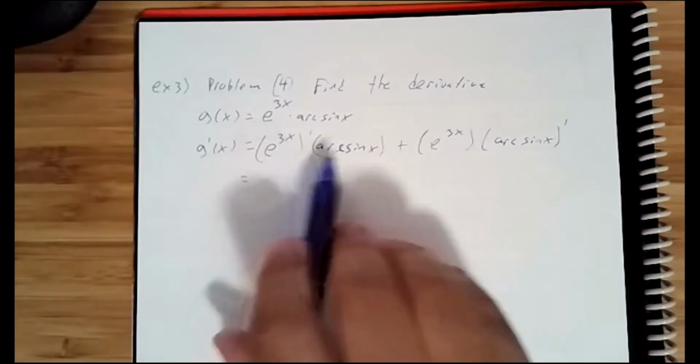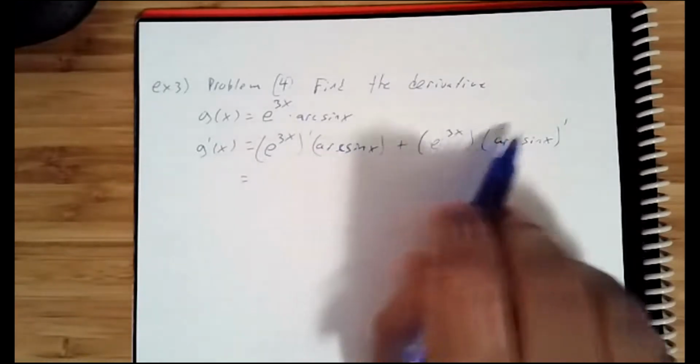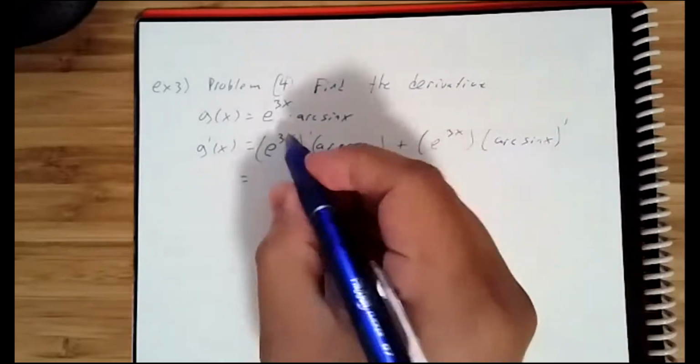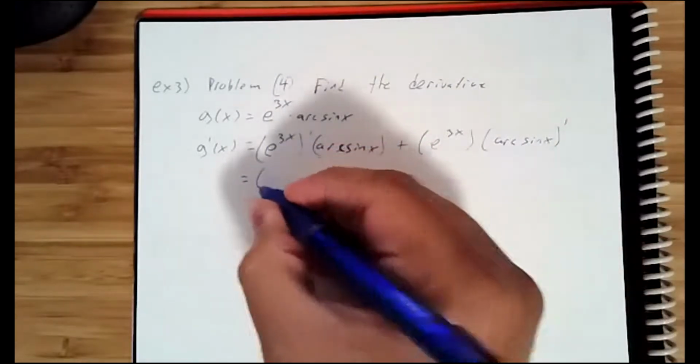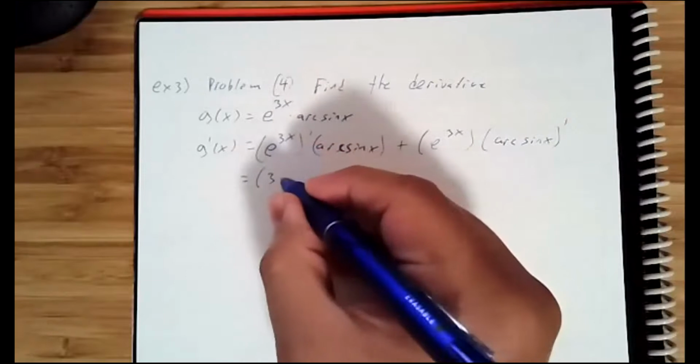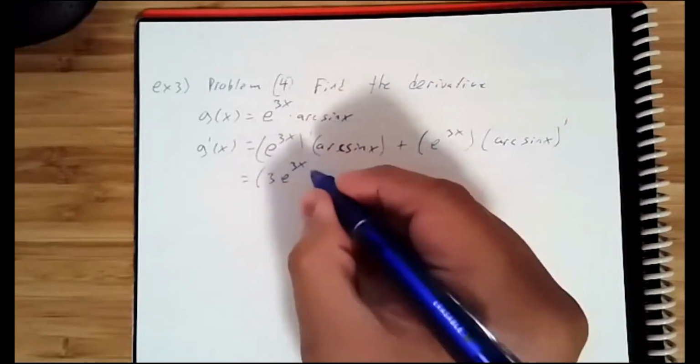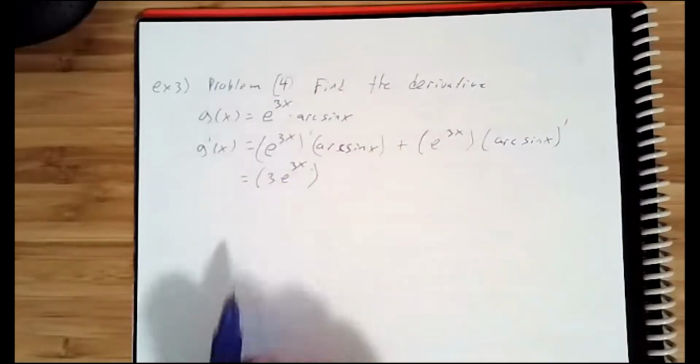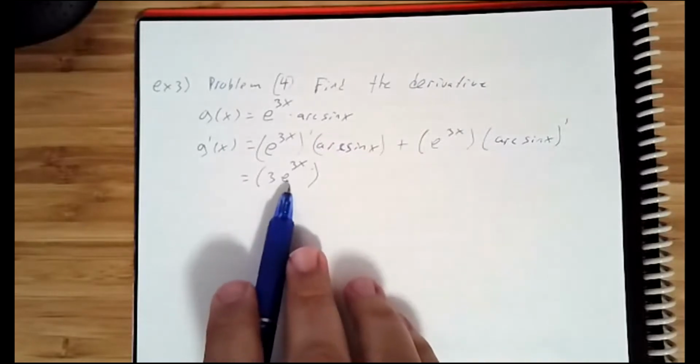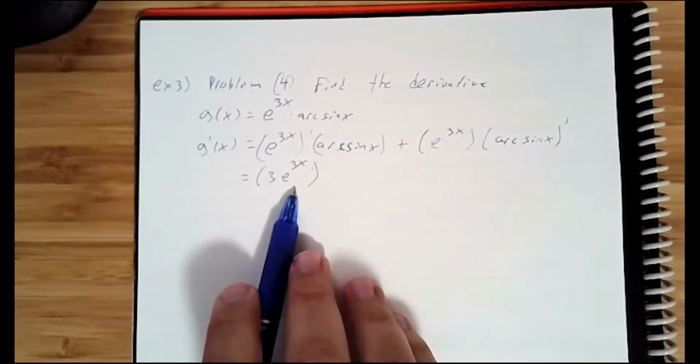So derivative of the first times the second plus the second times the derivative of the first. The derivative of the e to the 3x is going to be a chain rule. So it's itself times 3, the derivative of the top. Do you guys remember the chain rule for this one? Is that clear?